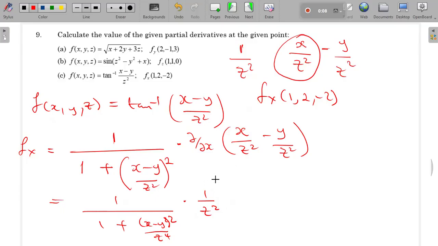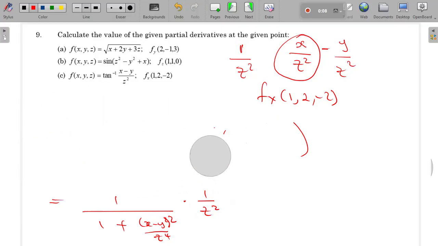So I can simplify this further on the left part by multiplying, not by a half, but by z to the 4th, both in the numerator and in the denominator.